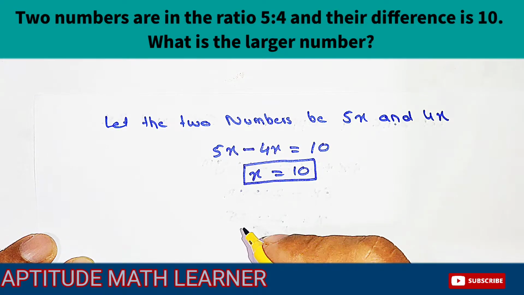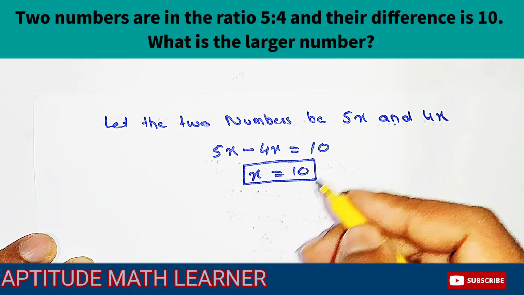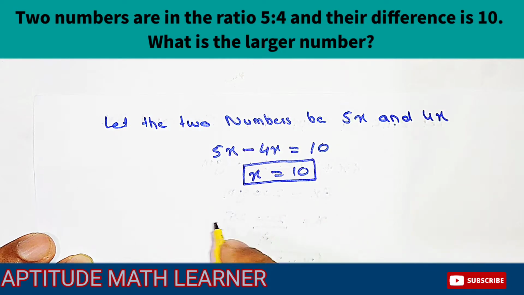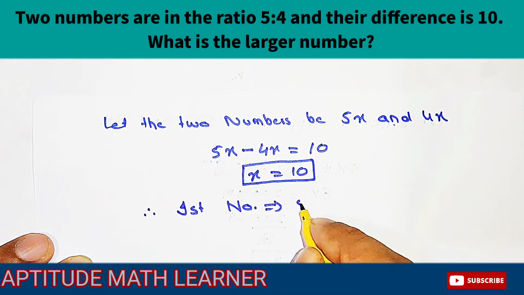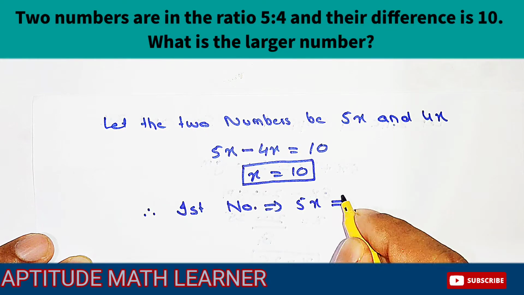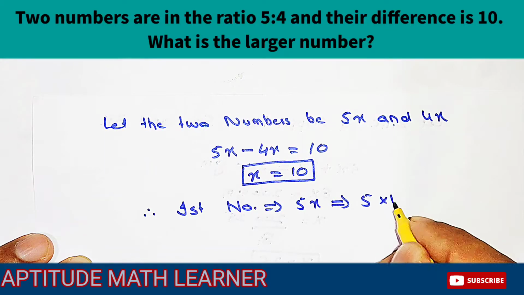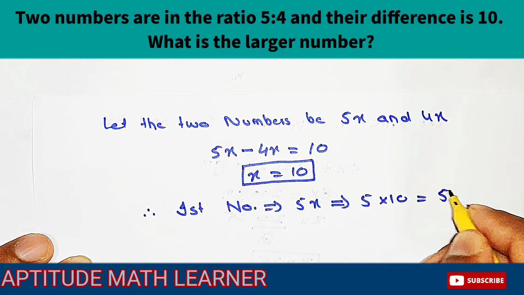And to find out the larger number we take the two numbers. The first number is 5x, that is 5x is equal to 5 multiplied by 10 is equal to 50.